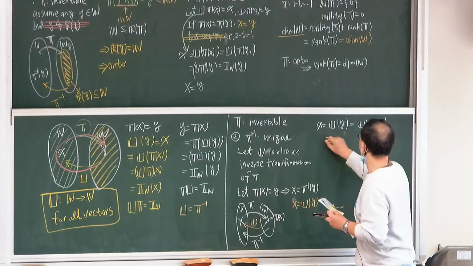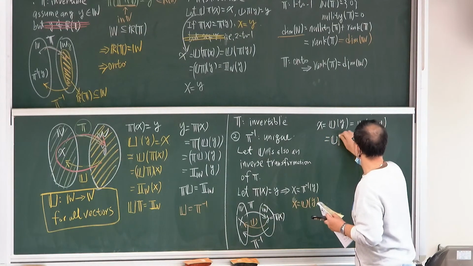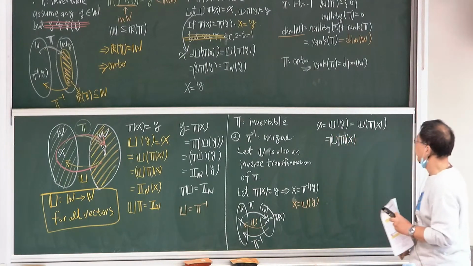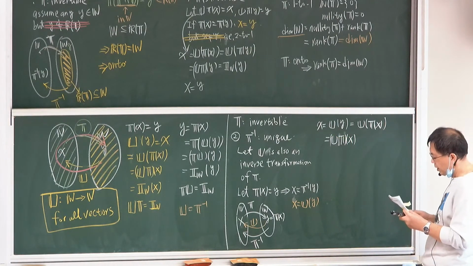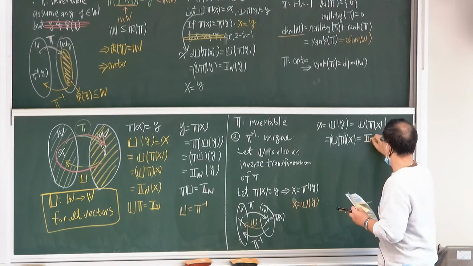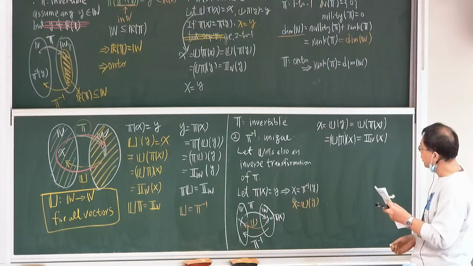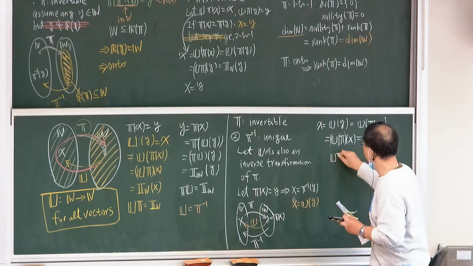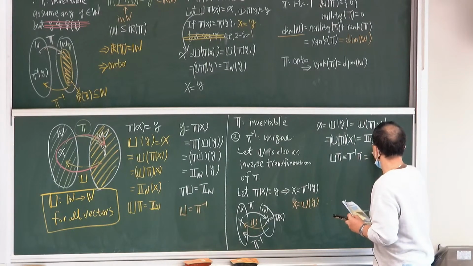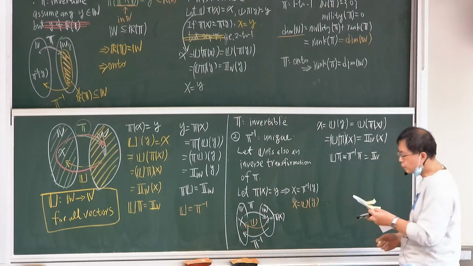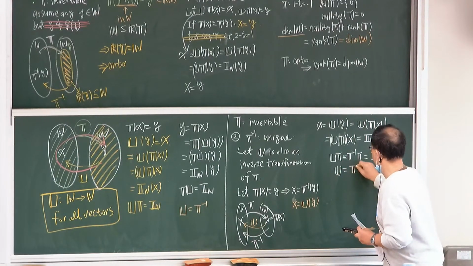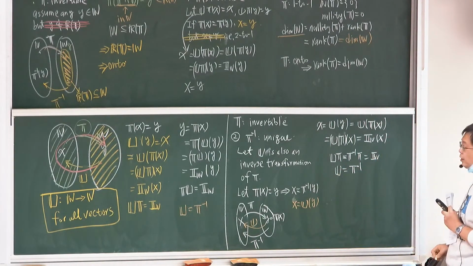Then UT of x equals x, and this is the identity transformation of x. So right now we have UT equals I_V, so U equals the inverse of T.